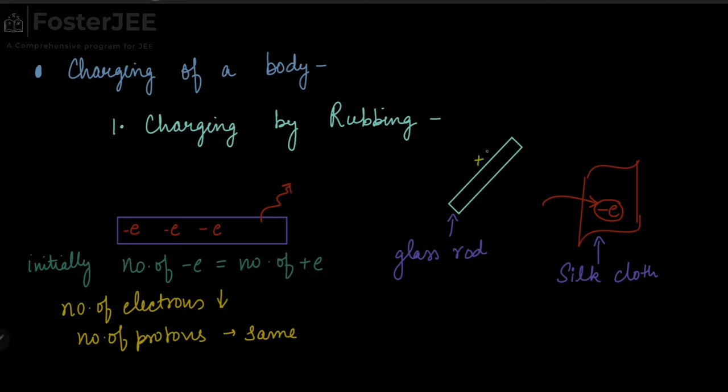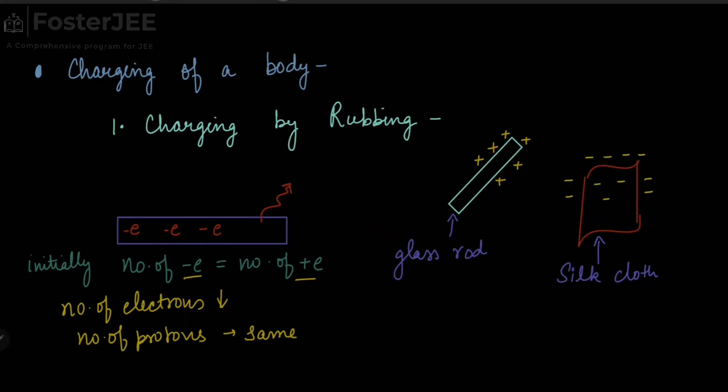It means this rod will acquire some positive charge on its surface. And coming to the cloth, since it has received some electrons, and initially the number of electrons and protons on this cloth also were equal, after acquiring some electrons from the rod, the number of electrons are now more. That means this cloth will acquire some negative charge on its surface.